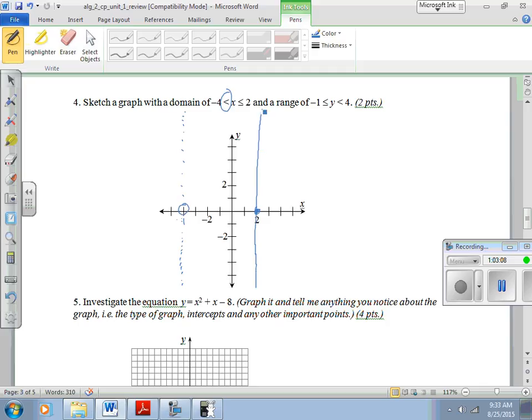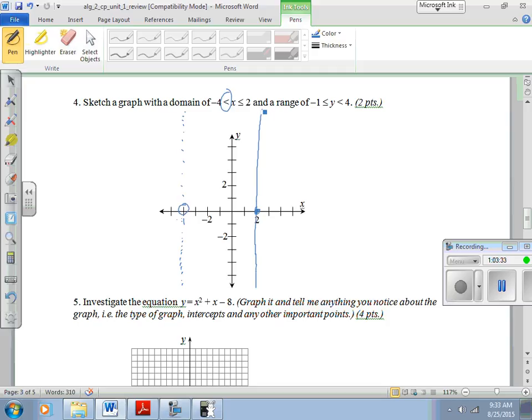That's your domain. You're restricted then. It's kind of like your parents have rules for you, saying, hey, you've gotta be home between this and this time, or something like that. Okay? So the domain is telling you a restriction. You have to have the graph somewhere in between here.